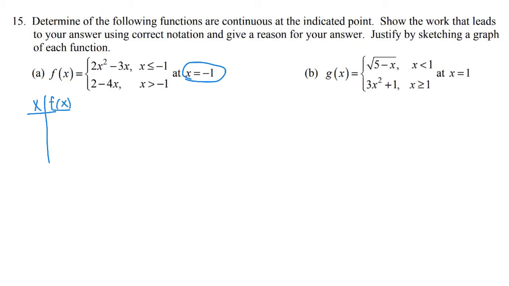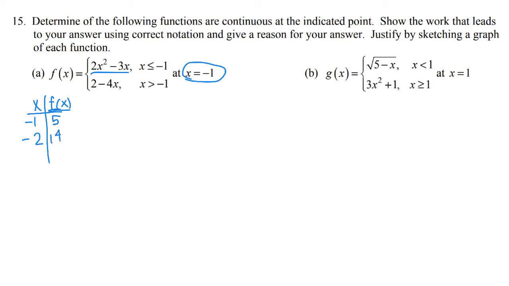And notice in our t-chart that here for x being negative 1, I'm going to talk about that first part. So if I plug in negative 1, it looks like we're going to get 2 minus a negative 3. So we're going to get 5. And then if we plug in a negative 2, let's see, we're going to get 8 plus 6, 14.